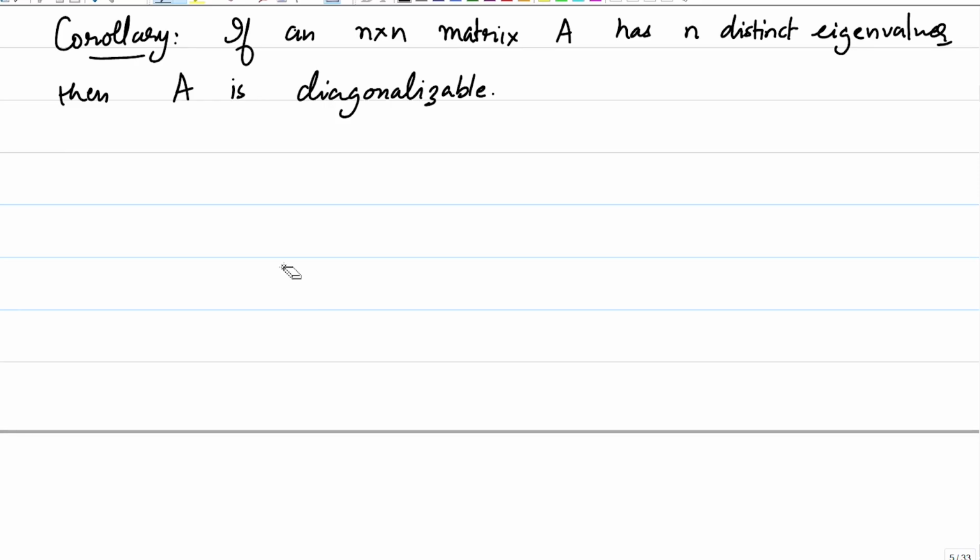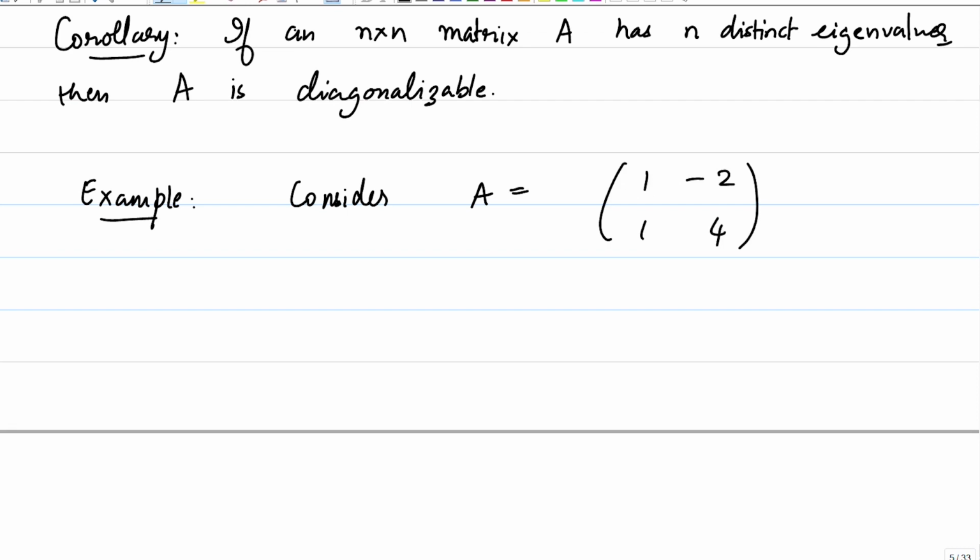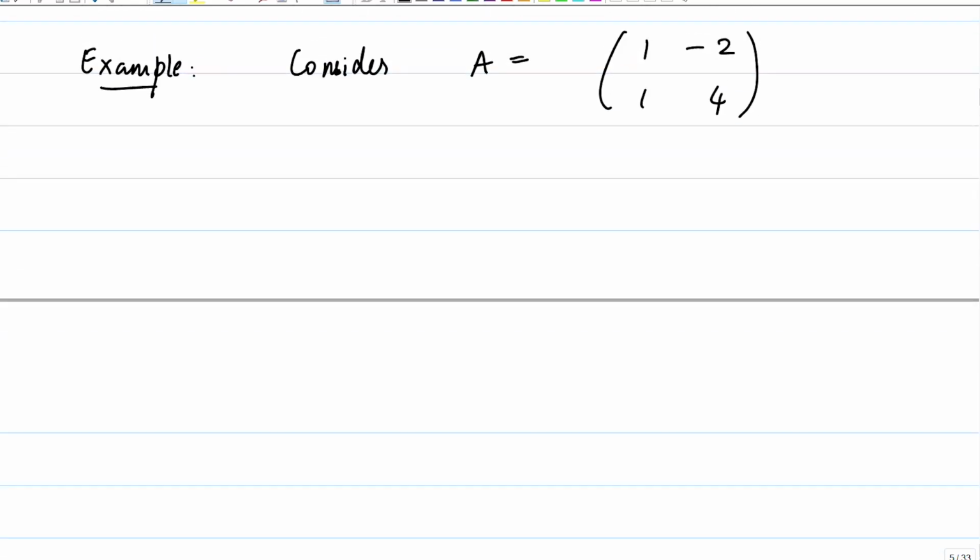So, let us look at an example. Consider this matrix A to be 1 minus 2 1 4. This is certainly not a diagonal matrix. We could get hold of the eigenvalues and maybe the eigenvectors, but let us just look at the characteristic polynomial and see what the eigenvalues are.